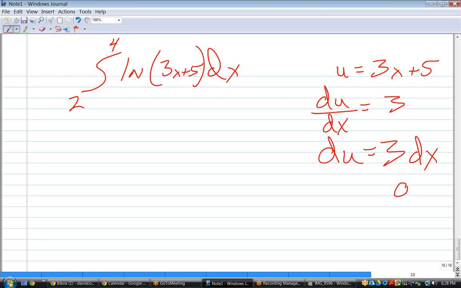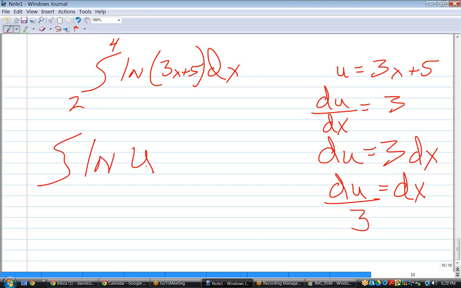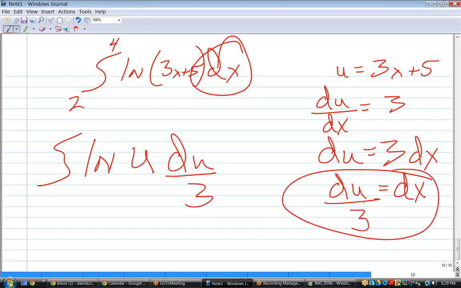Now there's a few ways to look at this. I think that this is a good way for starters. If you're not familiar with substitution, let's do it all the way down to that step there. Now I can rewrite this whole thing as natural log of u, and in place of dx, I'm going to put du over 3 from this step here.